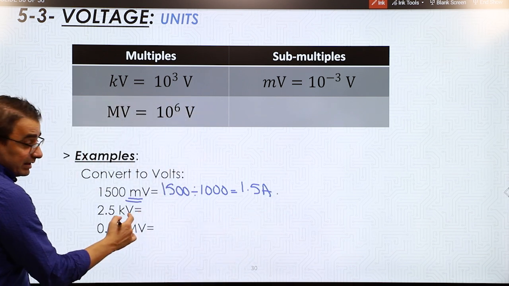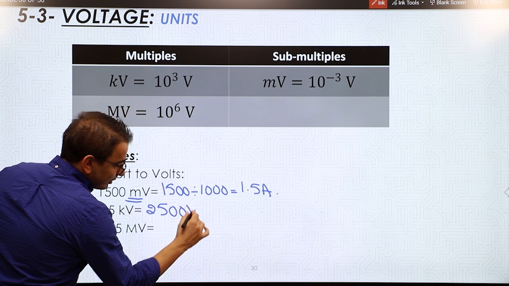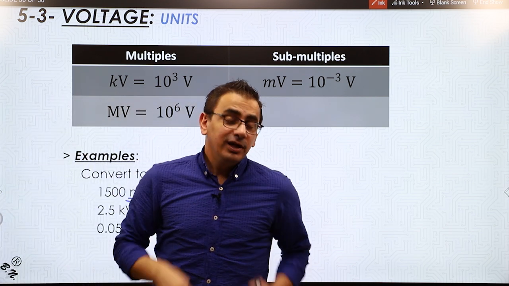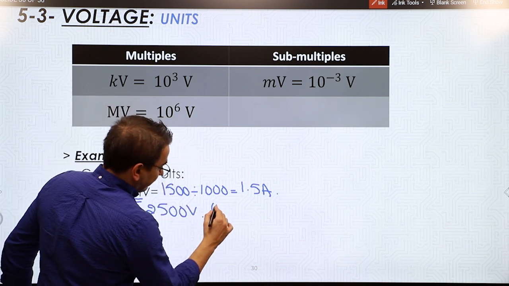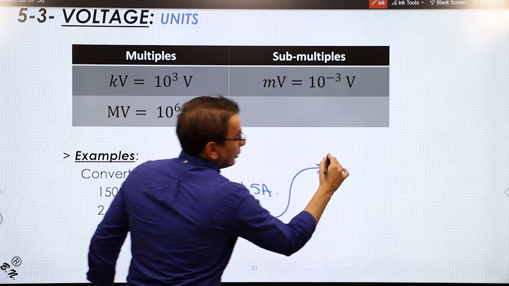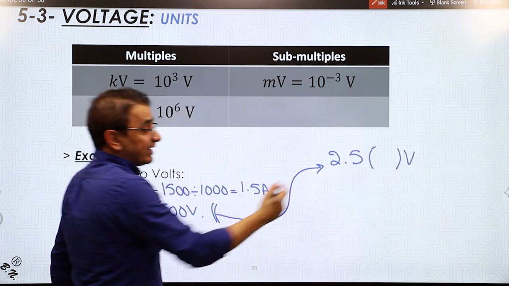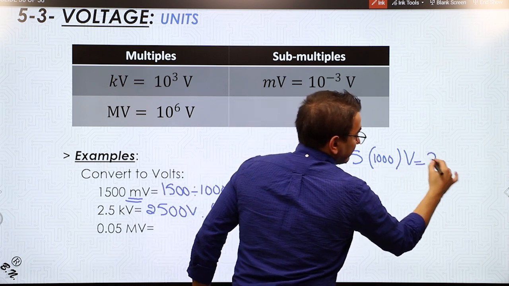Same thing here, but kilo, so it is 2.5 kilovolt. Notice here, I allowed myself to do it mentally. If you find problems with that, don't worry. All you have to do is just show it like this: 2.5 times, instead of the kilo, 1000. Okay? So this is 2500.